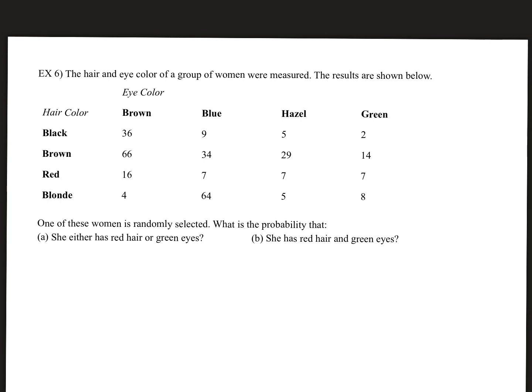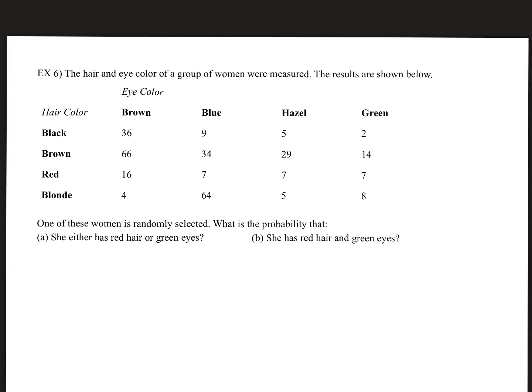Last example. We have hair and eye color of a group of women were measured, and we have the results shown below. So we have hair color of black, brown, red, or blonde, and eye color of brown, blue, hazel, or green. Before I do any problem, I'm going to go through and find the totals because I don't have my totals for any of my columns and rows. So I'm going to find my total that have black hair.